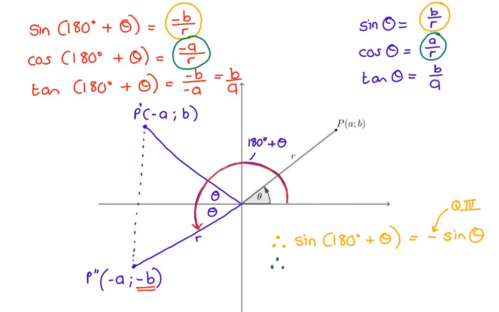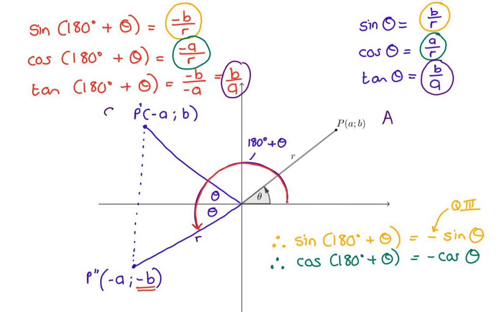So our conclusion from that is that cos 180 plus theta is negative, but it's still the same ratio as cos theta. And our last relationship is that tan of theta is b over a, and tan of 180 plus that same theta is still b over a. Now that makes complete sense because remember our all stations to Cape Town.